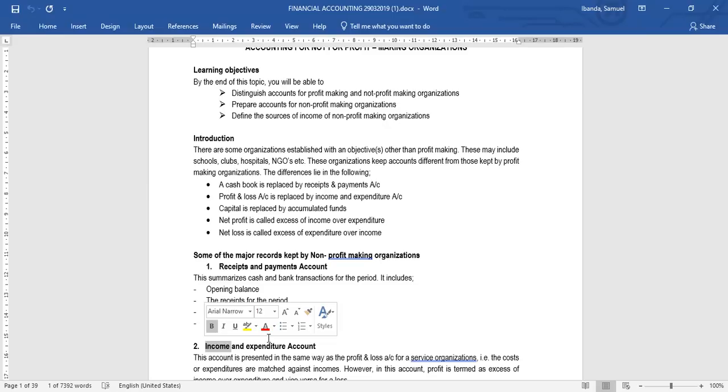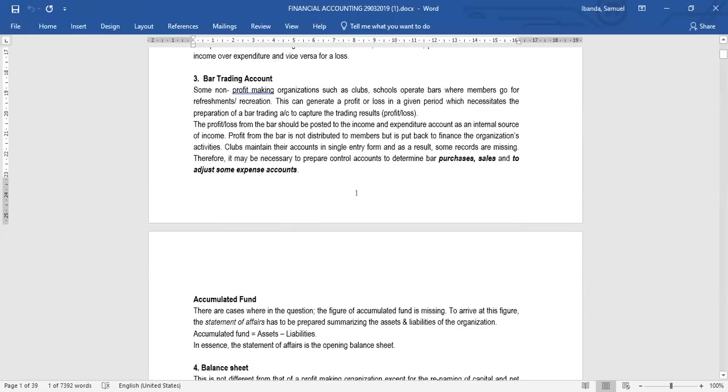So you may find, for example, a non-for-profit that has a hospital, it could have a restaurant, it could have a bar, okay? It could have a saloon, whatever it might be, okay? So those could be the sources.